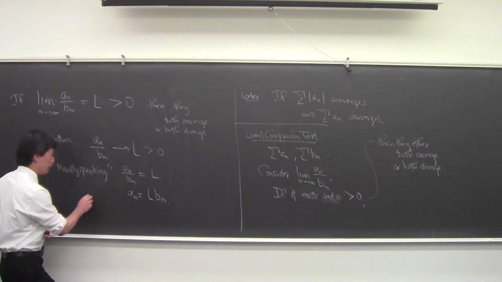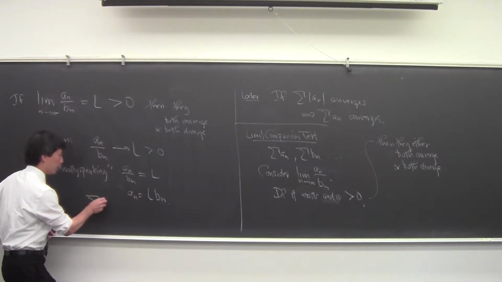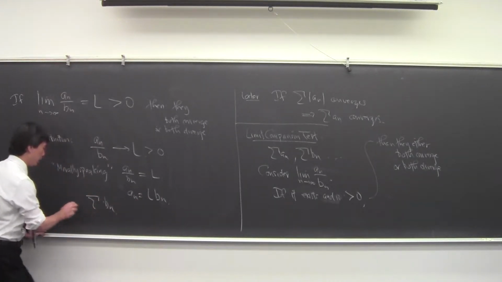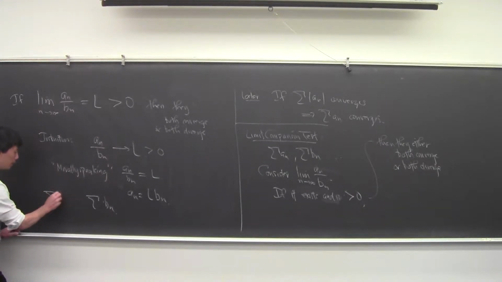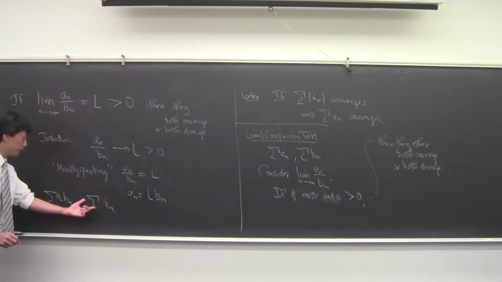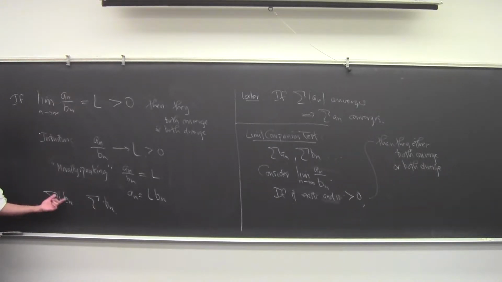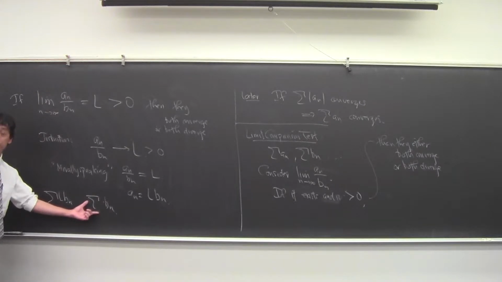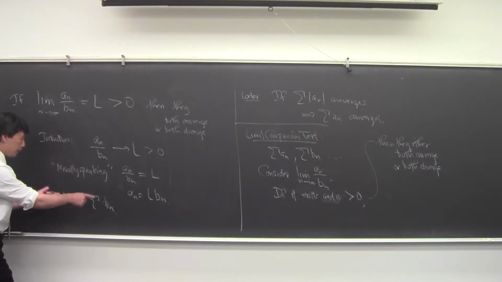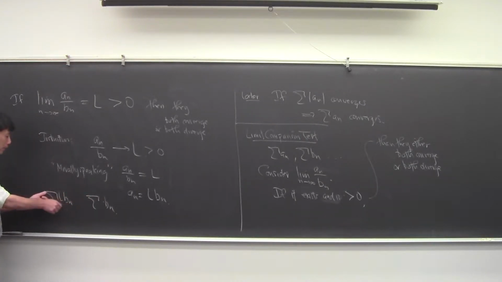You would have summation B sub n, and you would have summation A sub n, but summation A sub n is just some constant times B sub n. And if this guy converges, that guy's going to converge too. Either they both are going to converge or they both are going to diverge, because one is just a multiple of the other.